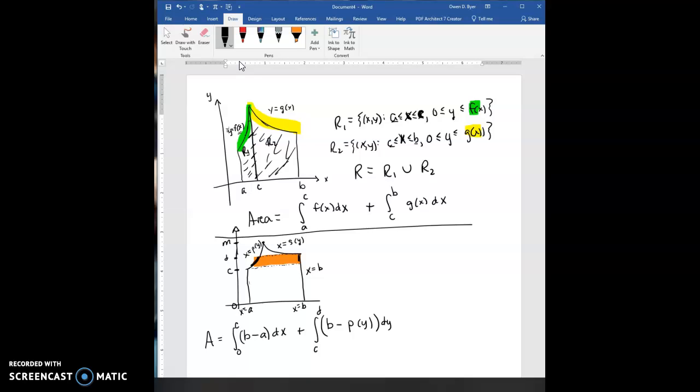In the first one, my upper bound was b, and my lower bound was a. In my last one, think about that for a second. My upper bound as a function of y, and my lower bound as a function of y. y goes from d to m. Upper bound, I'm sure you got it, s of y minus lower bound p of y.